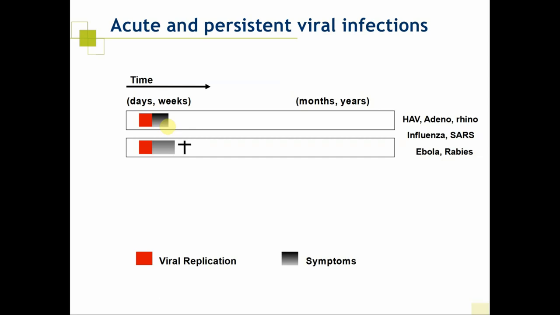Now, of course, there are some acute viral infections that are extremely pathogenic, like Ebola virus and rabies virus. Zaire Ebola virus, I should say, as there are 3 different species. If you catch it, as I said last time, you've got about a 50-50 chance of living or dying, and that's if you get therapy.